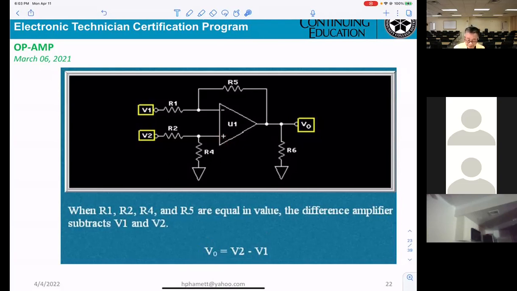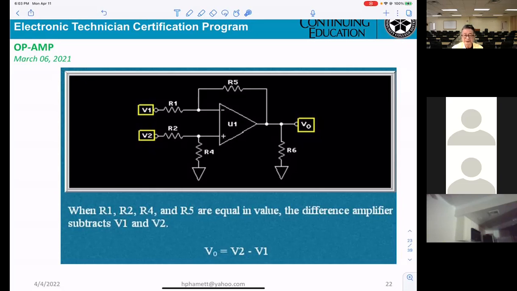That means right now we're talking about a differential amplifier, not an inverting amplifier, not a non-inverting amplifier. They're using both inputs V1 and V2, so it has to be a differential.